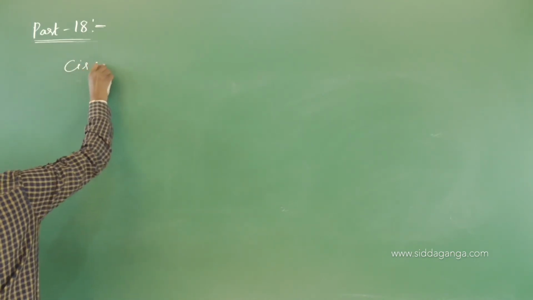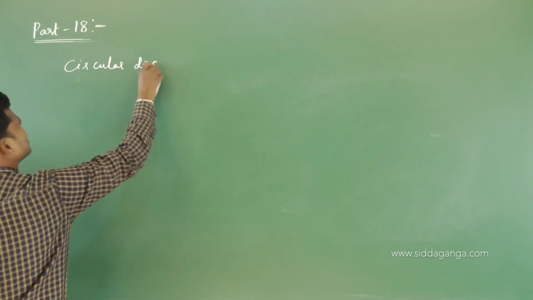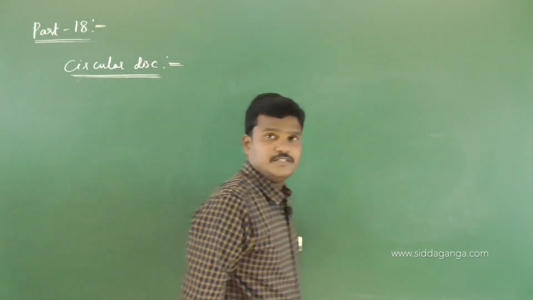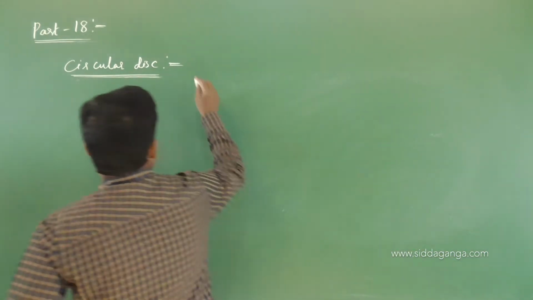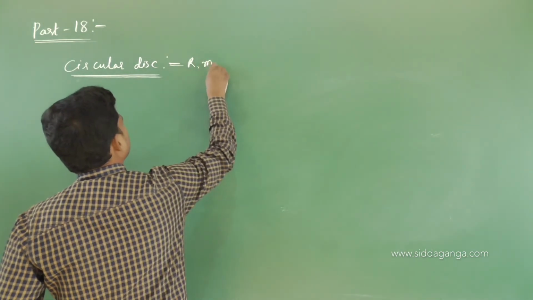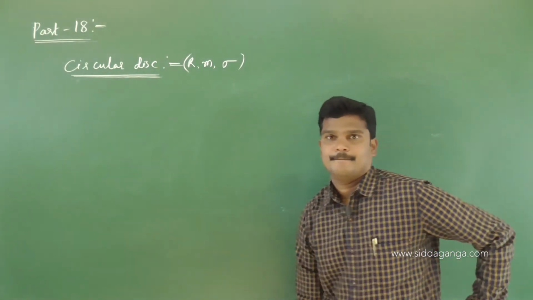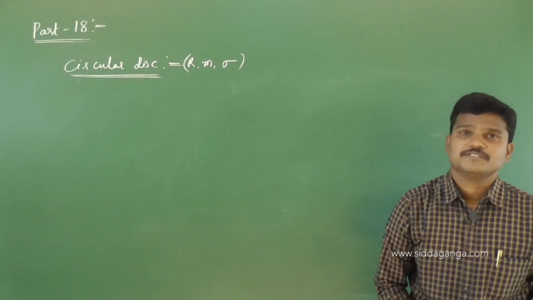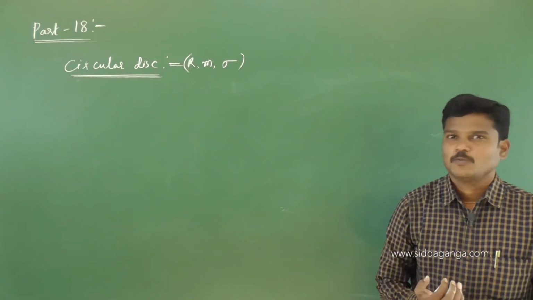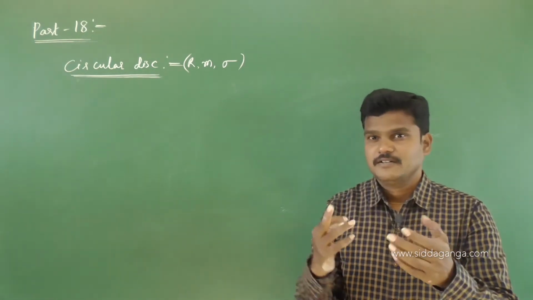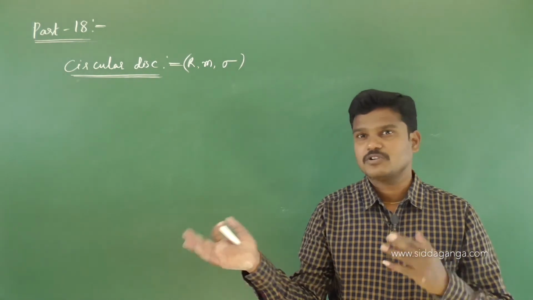Moment of inertia of a circular disc, whose radius is r, whose mass is m, and surface density sigma. Again, let us find moment of inertia of the circular disc in 4 different situations. One is axis passing through center perpendicular to the disc. Second, about diameter. Third, we have to draw the tangents.